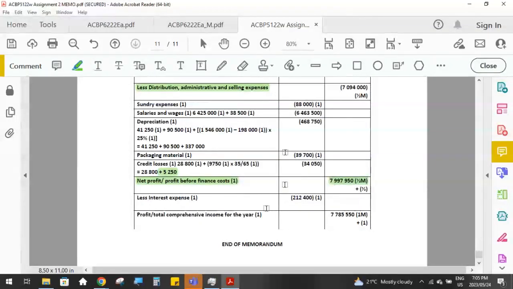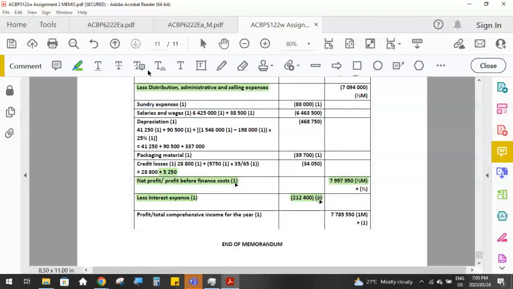So that's another subtotal that must be there. Because again, in your format, if you look at the statement of profit or loss format in your textbooks, interest expense is always right at the very end, recorded separately. So we first do a subtotal for net profit before interest, then we record interest expense, and this amount they gave us.